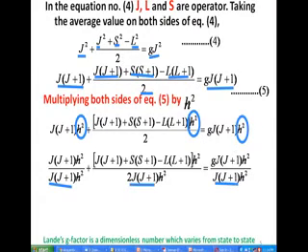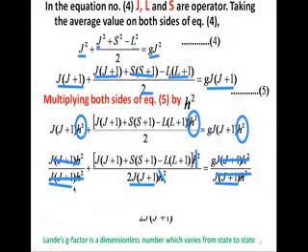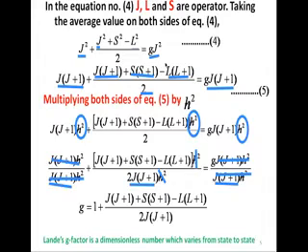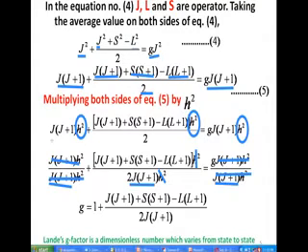So this whole term gets cancelled with this. Similarly, this h cross cancels with this h cross. Similarly, this whole term gets cancelled with this. On solving it further, if we carefully see, this factor becomes 1.